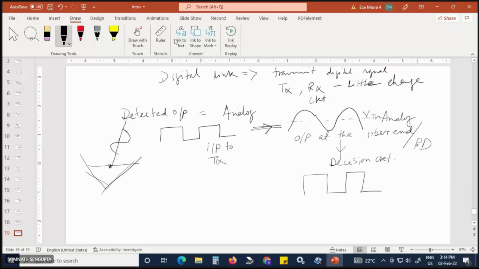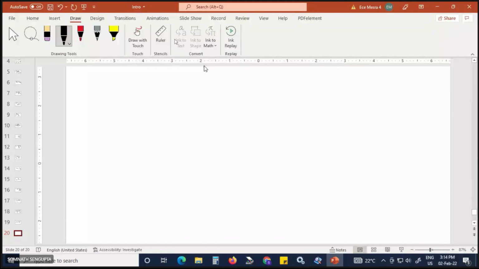Now, the main drawback in transmission of digital signal in optical fiber is pulse broadening.